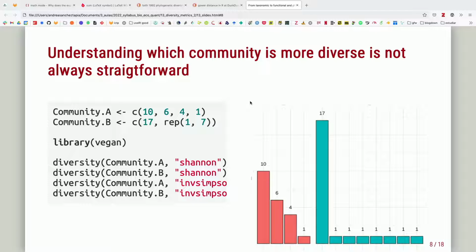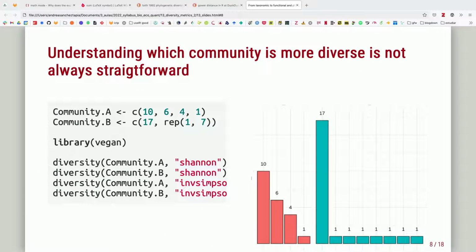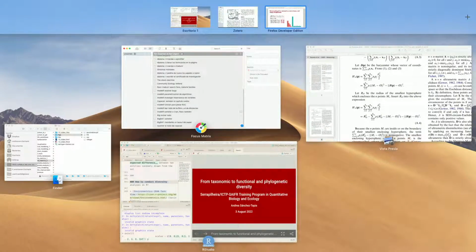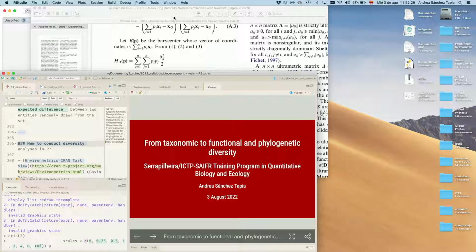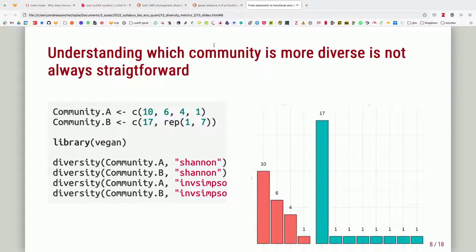I will just open. Straightforward should have an H right here. I will come back right now. I will put this in my second screen.